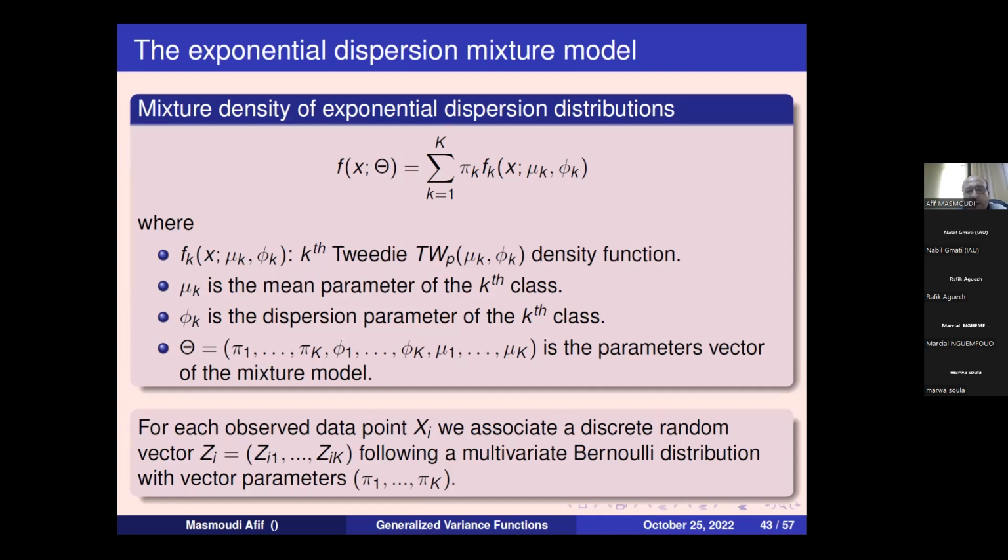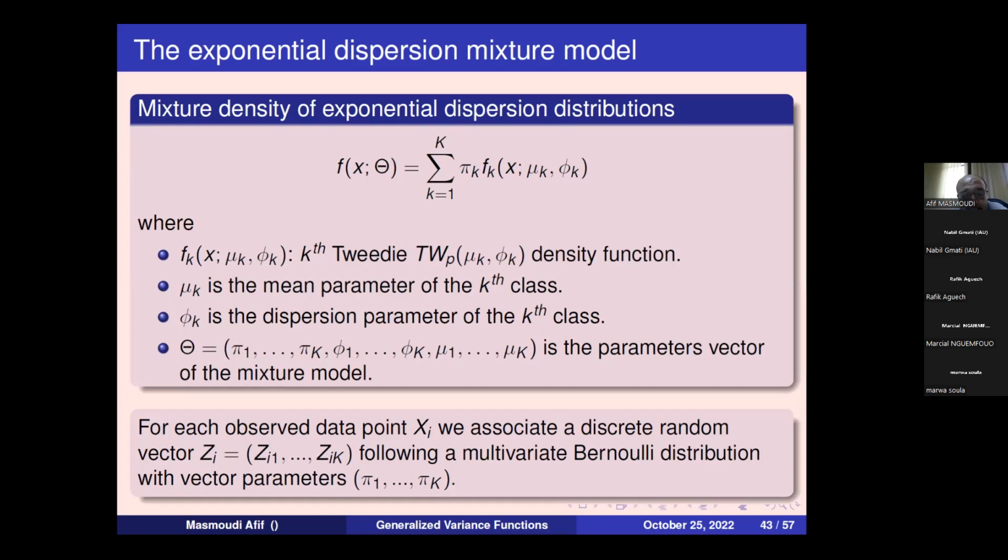So it is given by theta. The problem is to estimate the set of parameters, with each observation having vector parameters p1, p2, ..., pk.